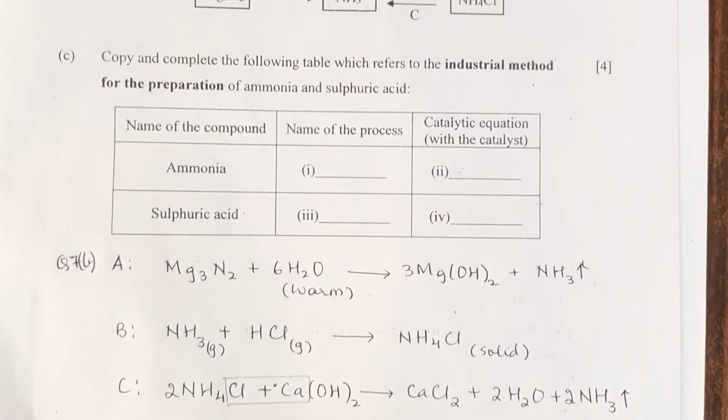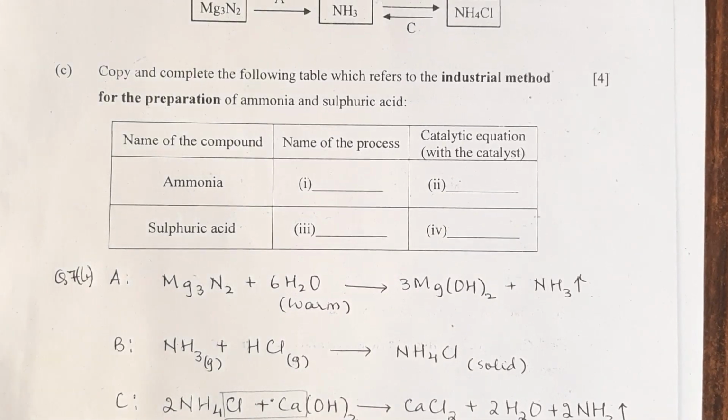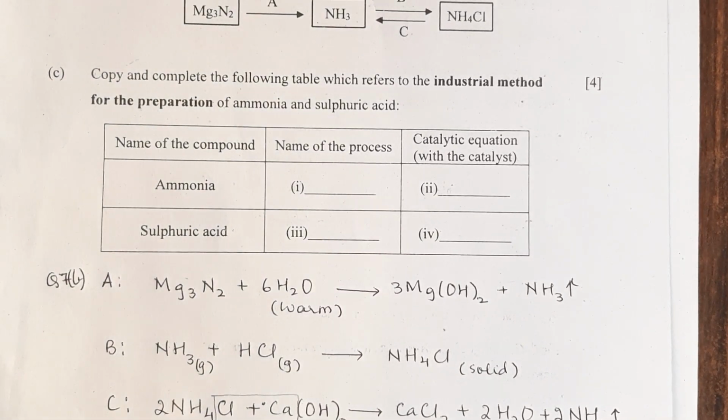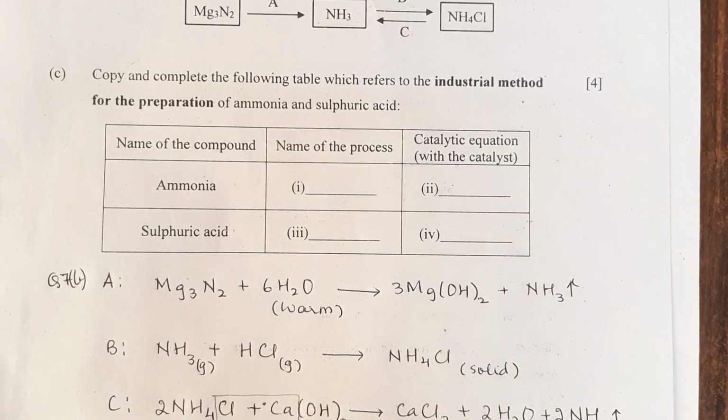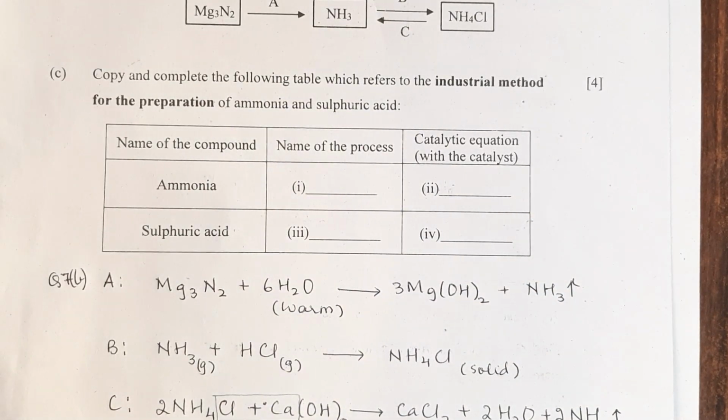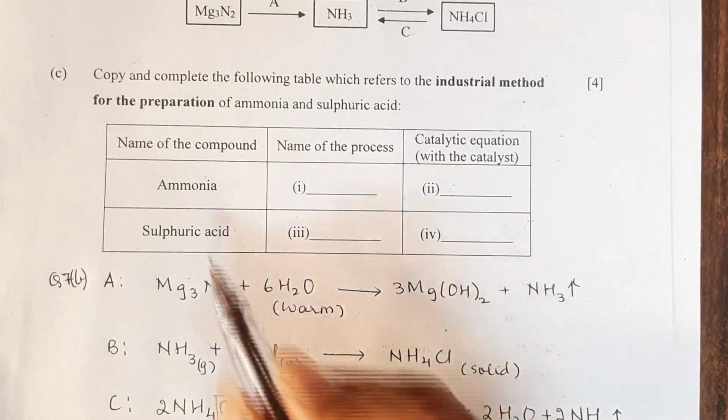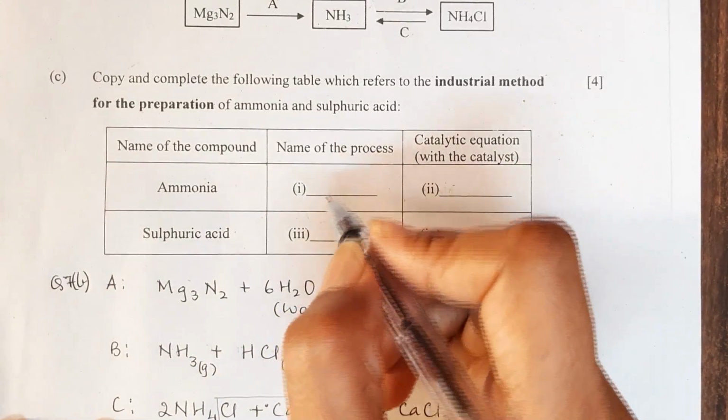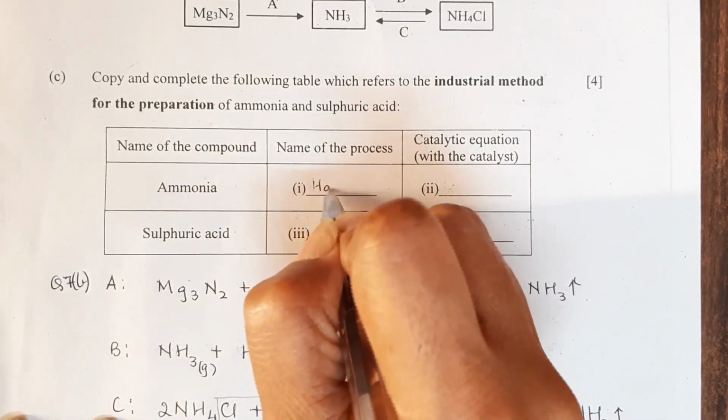Now let us come to the last question of the paper. Copy and complete the following table which refers to the industrial method for preparation of ammonia and sulfuric acid. So now for ammonia, the name of the process is Haber's process.